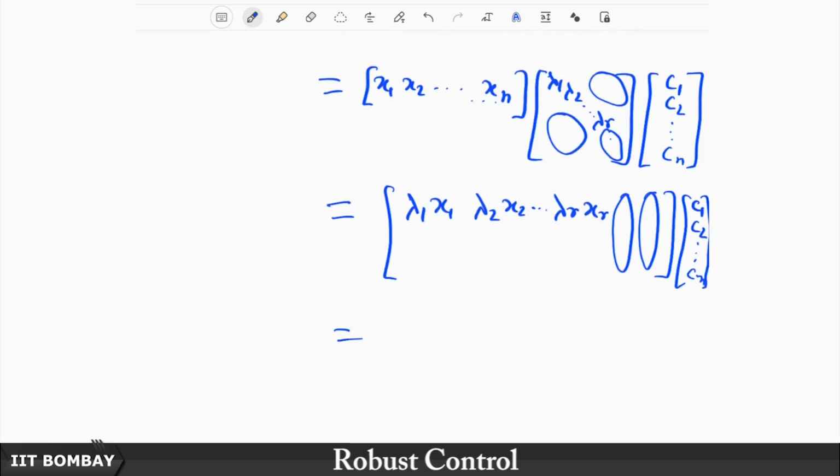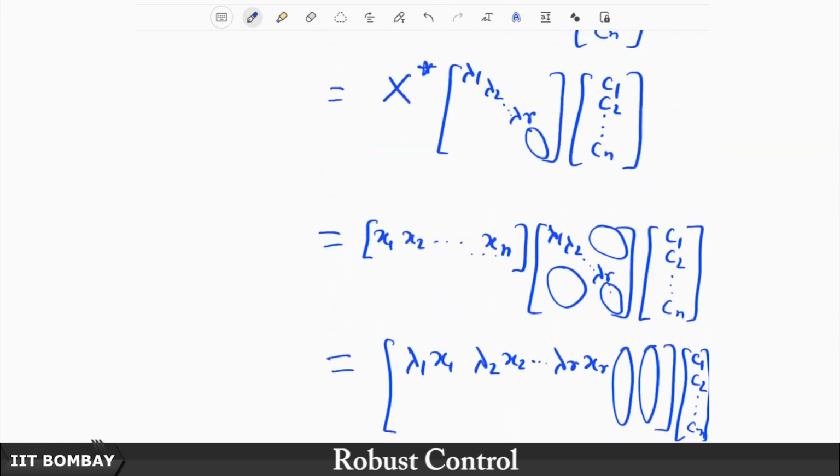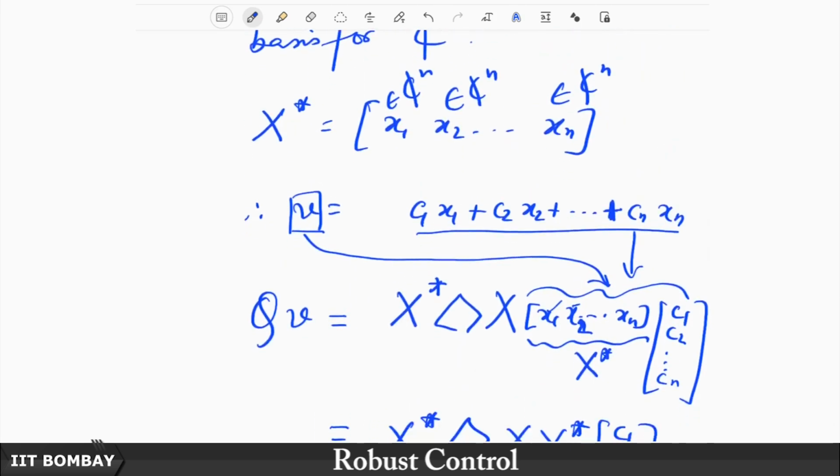So, this then becomes C1 lambda 1 x1 plus C2 lambda 2 x2 plus dot dot dot till Cr lambda r xr, all right. Yeah. So, what does this mean?